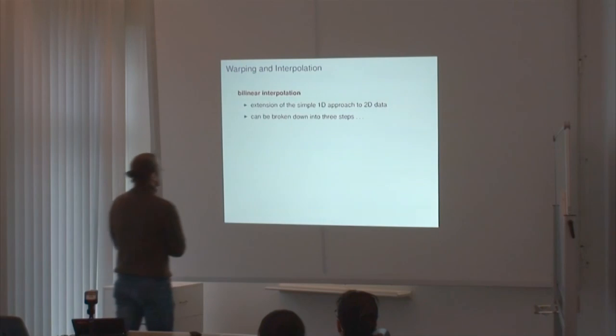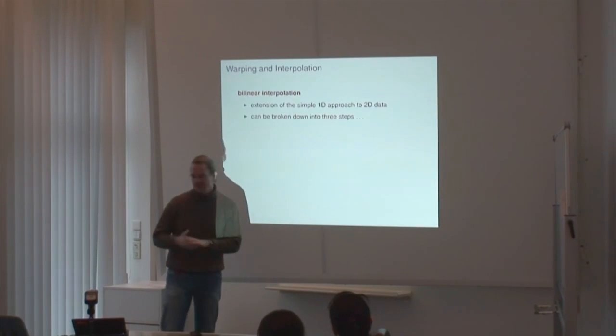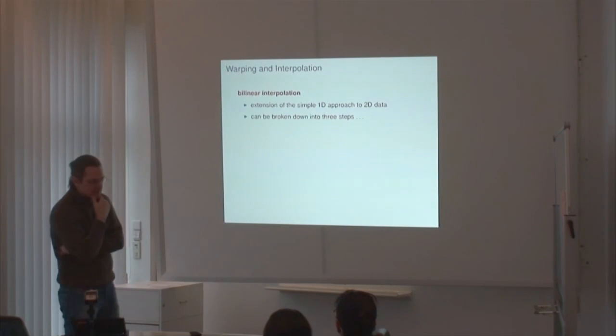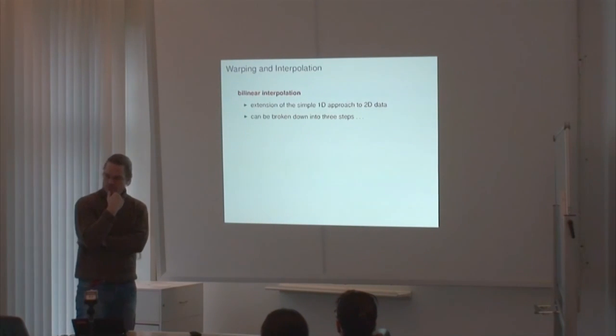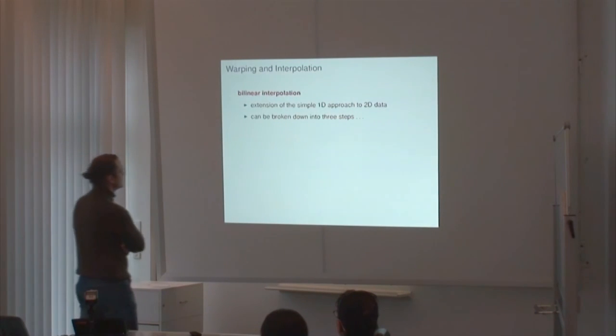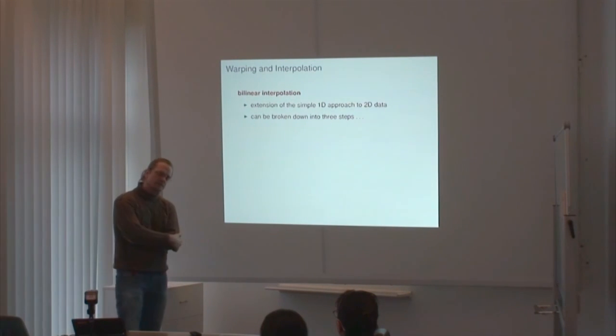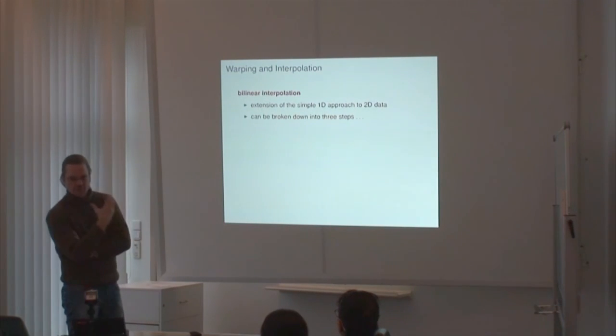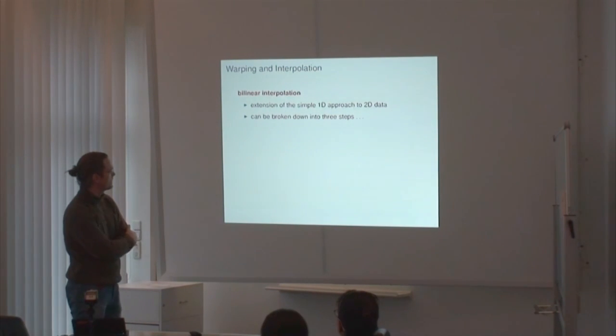The next idea is to extend the approach of linear interpolation to the two-dimensional case. And this is called bilinear interpolation. And again, this is an extremely straightforward extension of what we studied last time.